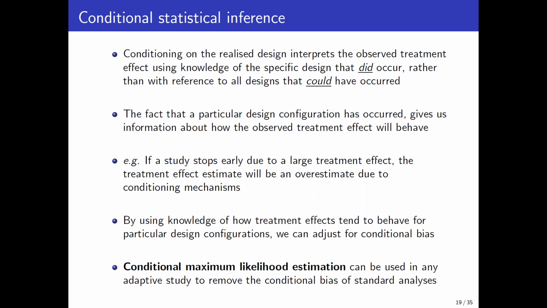So, for example, in that case, we know that we therefore expect it to be an overestimate. And so we can use that information to adjust for the particular design that has occurred. And operationally, the way that we do that is via conditional maximum likelihood estimation. And the conditioning here, as I said, is conditioning on the realised design.